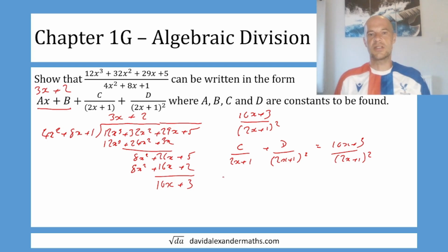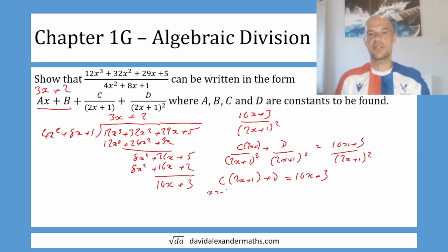So to make the denominator 2x plus 1 squared, I need to multiply top and bottom by 2x plus 1. So c lots of 2x plus 1 plus d equals 10x plus 3.